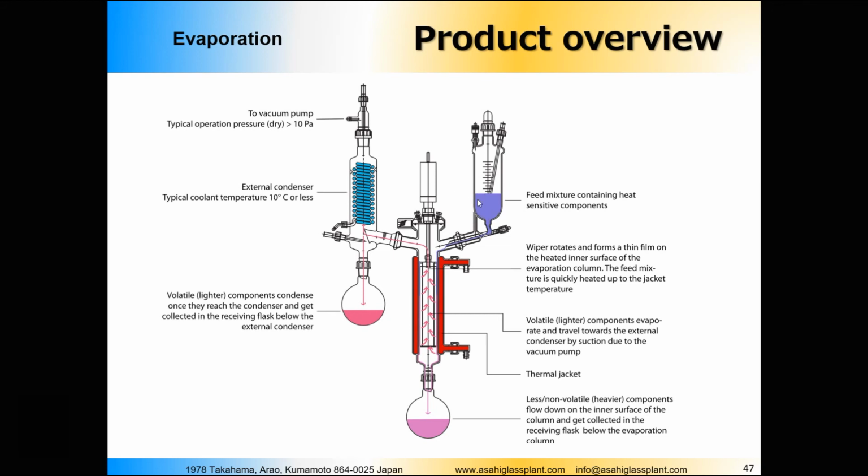We will have the viscous media heated, the viscosity will go down, and then we can easily open the valve and dose the mixture straight to the heat exchanger where we will have the evaporation. So that's how it works.